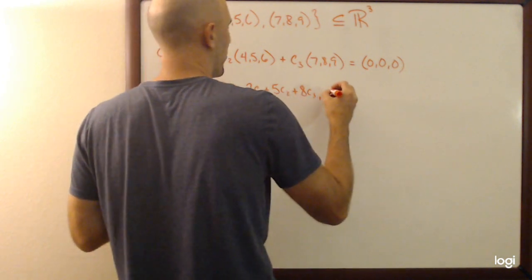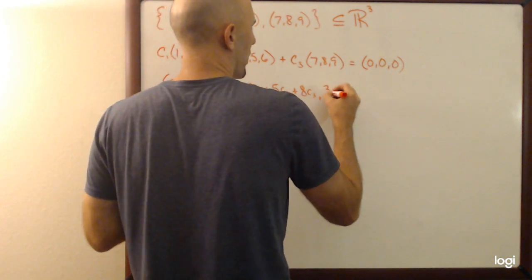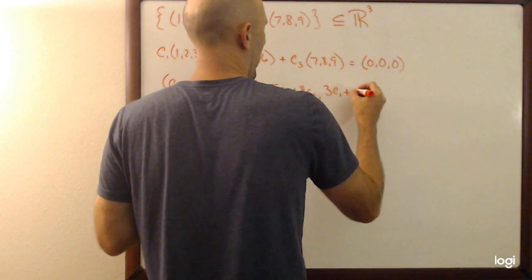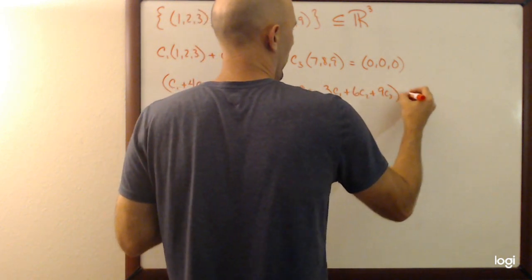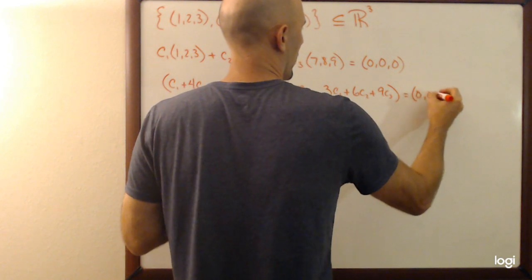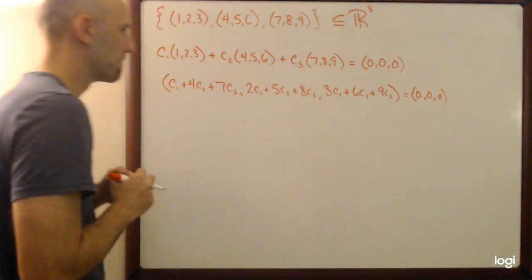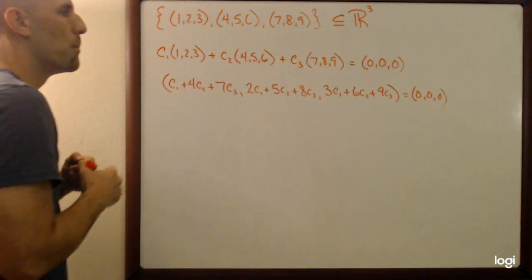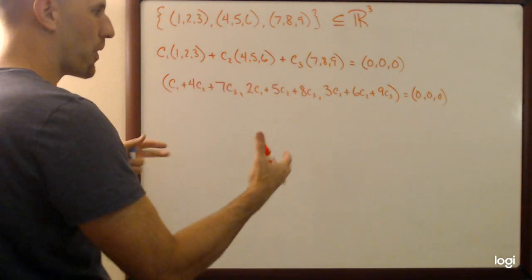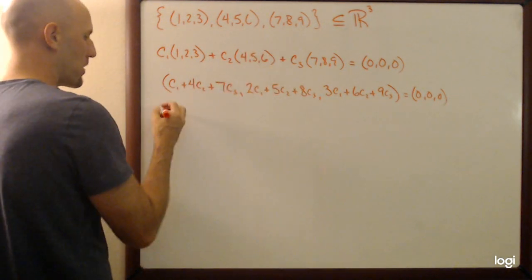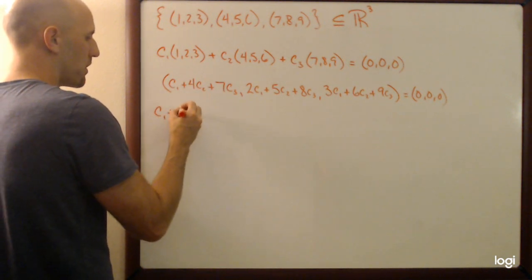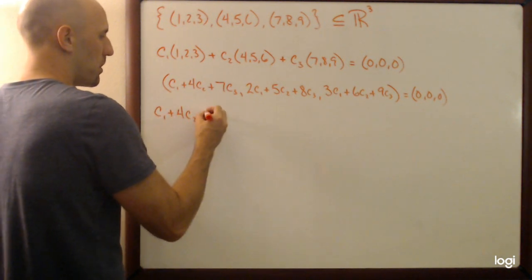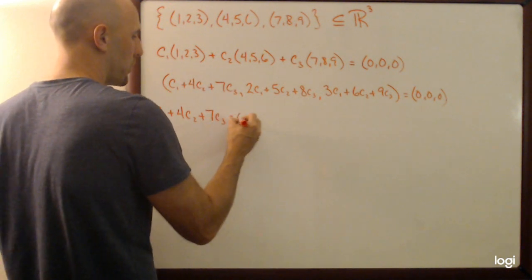And my third component is 3C1 plus 6C2 plus 9C3. That's got to equal my 0 vector, right? But again, the components don't interact with one another, so really this is 3 separate equations. This is C1 plus 4C2 plus 7C3 is equal to 0.